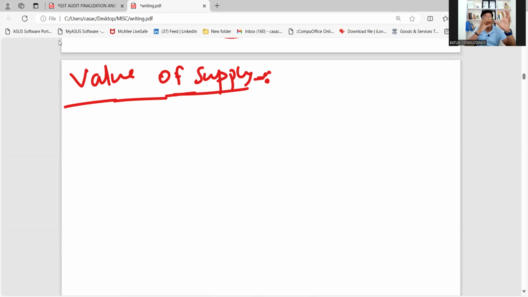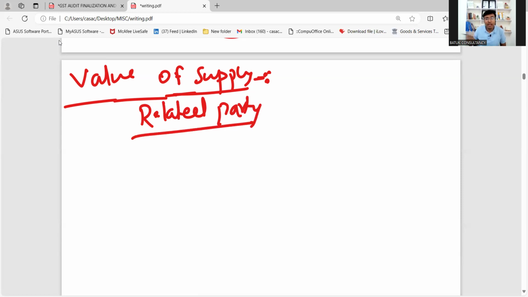Now value of supply. The point is that we just need to understand the importance of value of supply. When you finalize the audit, or when you are doing the business audit of a particular entity, suppose there is any related party transaction, or a transaction between distinct persons. Okay, I have one registered office in Rajasthan. I have another branch at Jaipur.